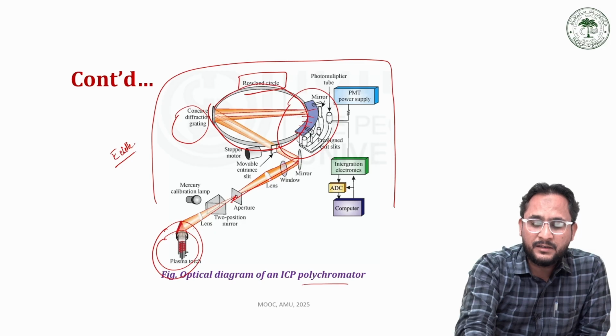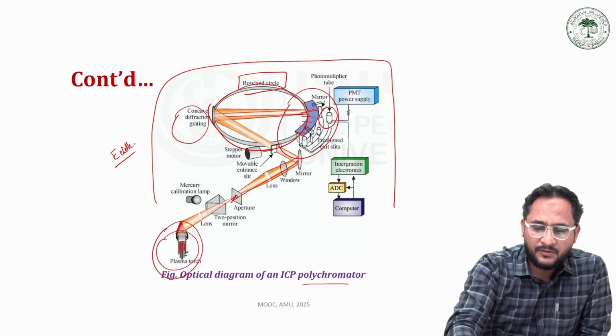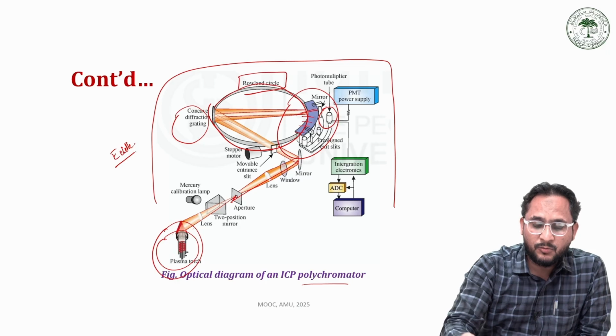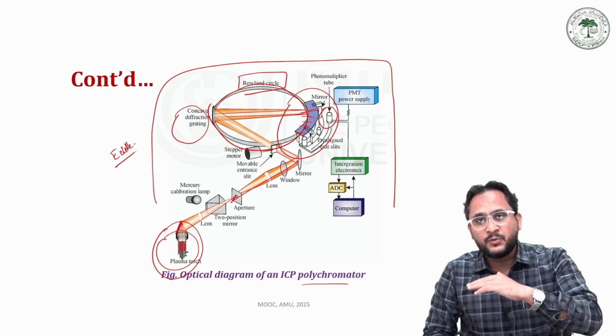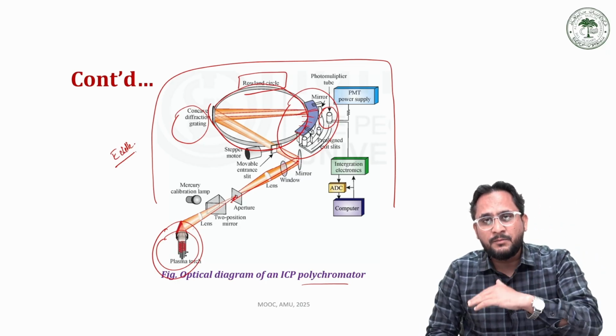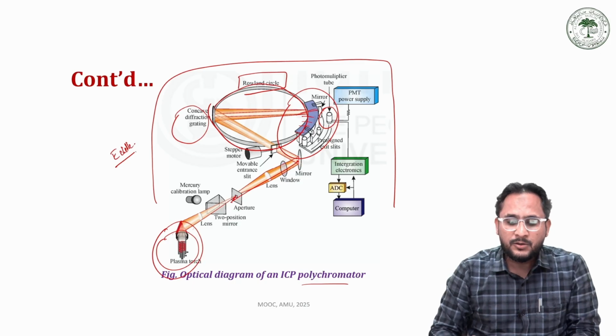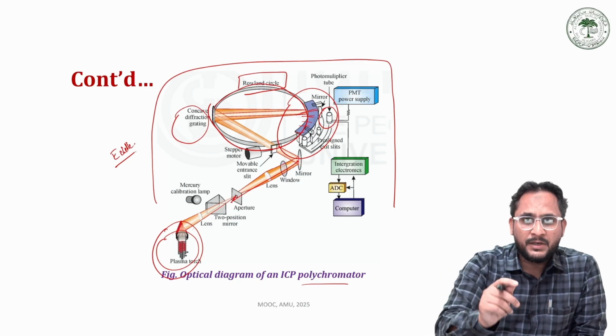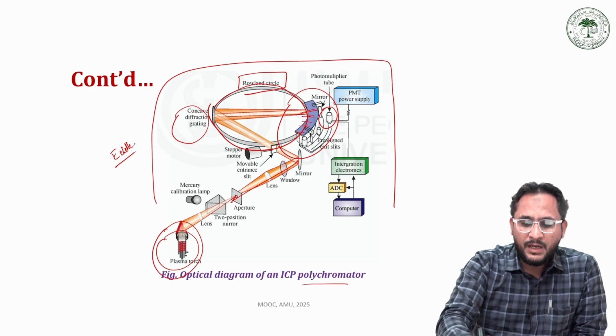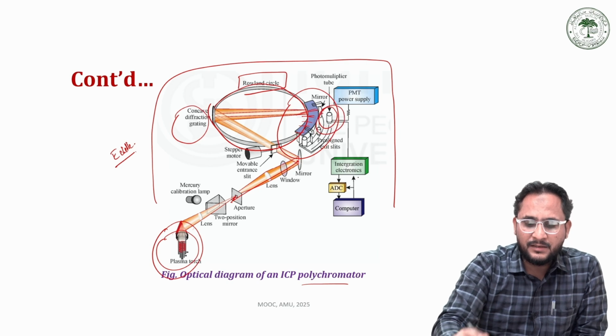Once this light radiation passes through the exit slit, we have different PMT devices. The position of the photomultiplier tubes can be moved up and down, left and right, so as to capture a particular wavelength, and in this way the analysis can be done.